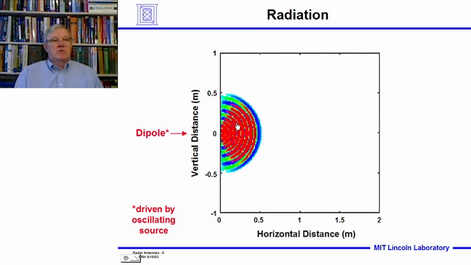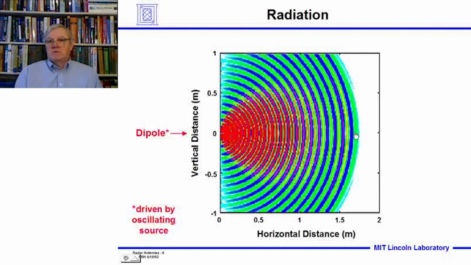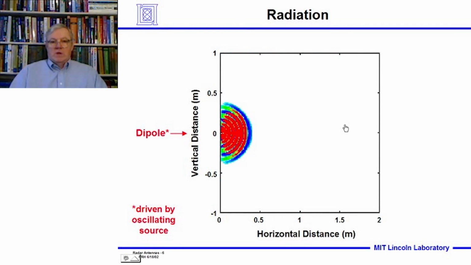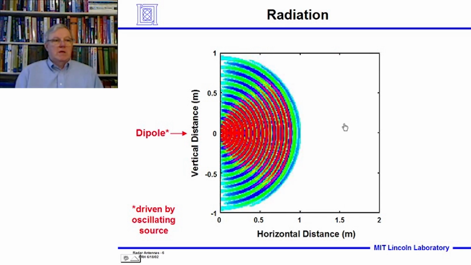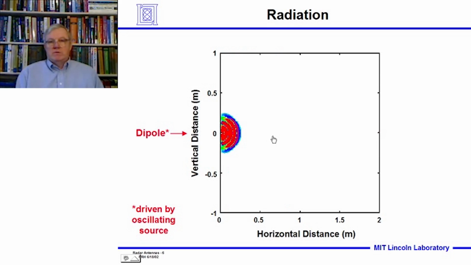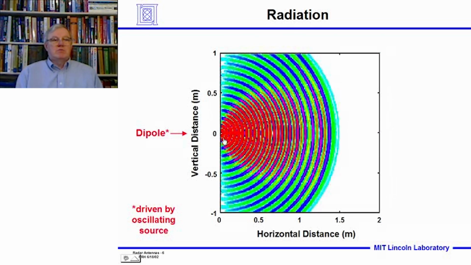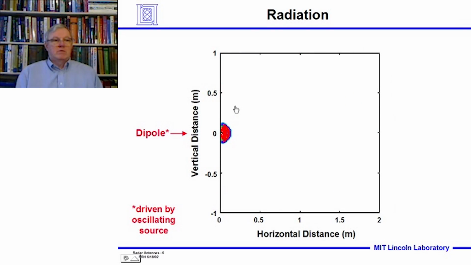And it's a sinusoidal wave coming out, just like when you drop a pebble in a pond and you see a wave go out, an electromagnetic wave. Now we're repeating dropping the pebble in the pond. So you see it has a shape to it. A dipole has that shape.